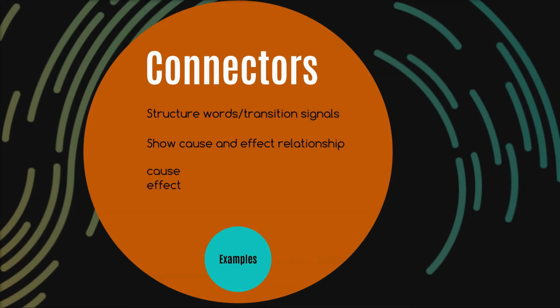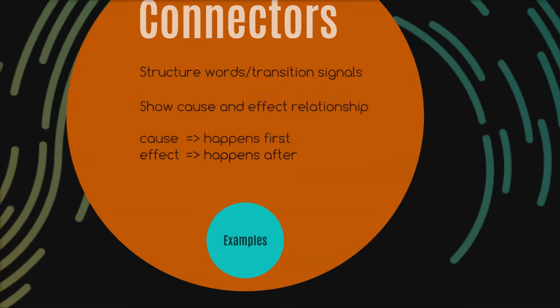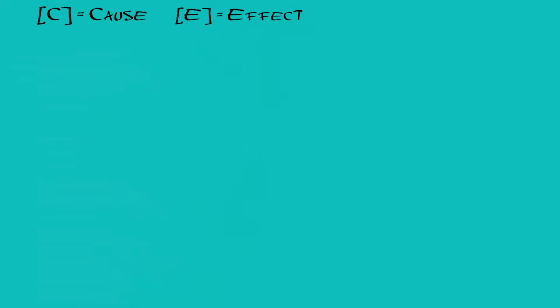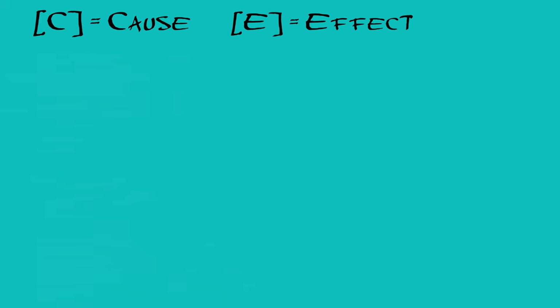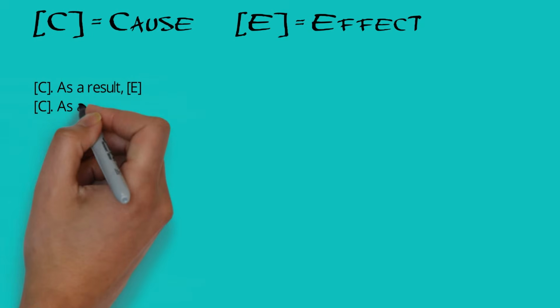When using these, it's important to be clear which is the cause or the reason and which is the effect or the result. Remember that the cause happens first and the effect happens after. So these are some examples of cause and effect connectors. Here, C means cause and E means effect.